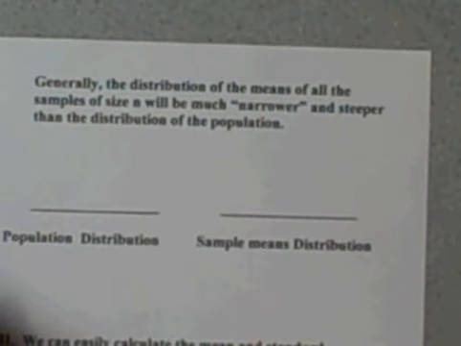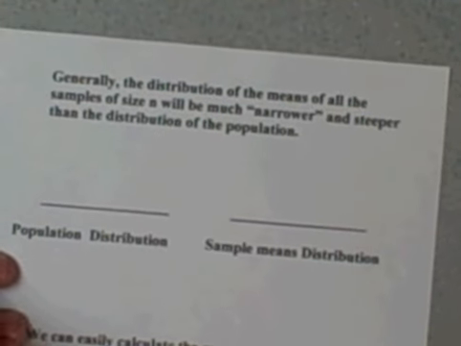The second statement is, well, let's go back and draw this picture again before we go on to the second statement. Generally, the distribution of the means of the samples of size n will be much narrower and steeper than the distribution of the original population. I showed you this before. Let's do it again.